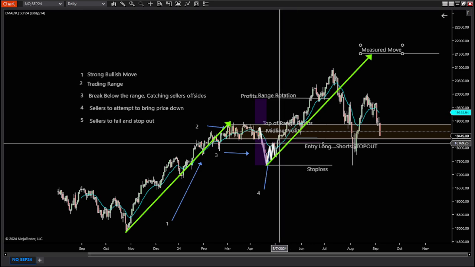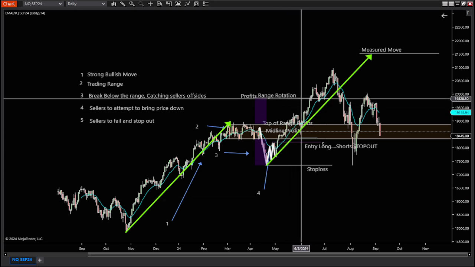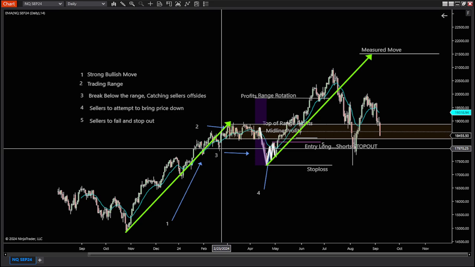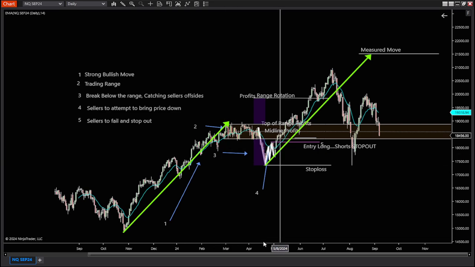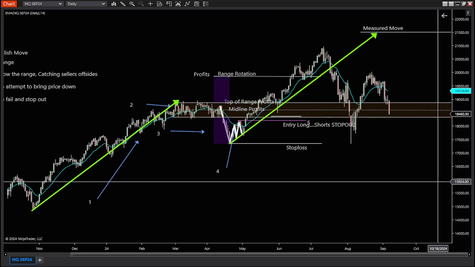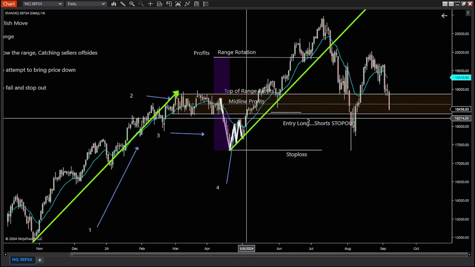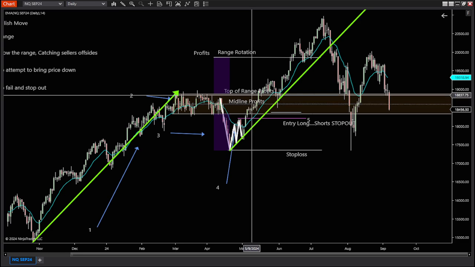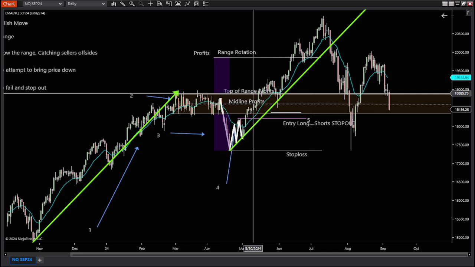Now, did we reach the measured move? No, we didn't reach that measured move. That's okay. Why? Because we entered long on the stop run of those sellers getting caught offsides. We took some profits at the midline, most of the profits, if not all of them, at the top of the range.